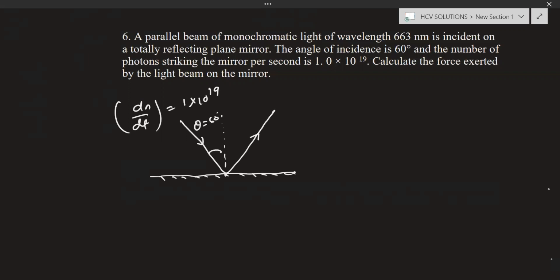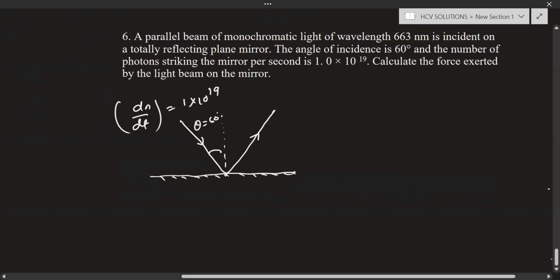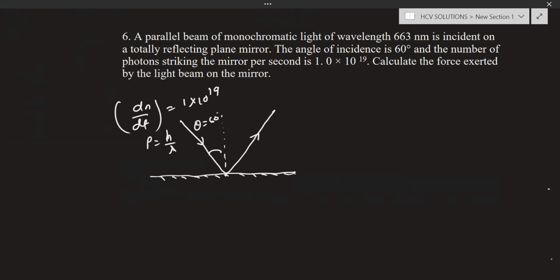The momentum of a photon is given by h by lambda, and the force is created by the change in momentum. So this is h by lambda, and here also it will be h by lambda. But only the change in momentum in the vertical, normal direction is going to create the force.